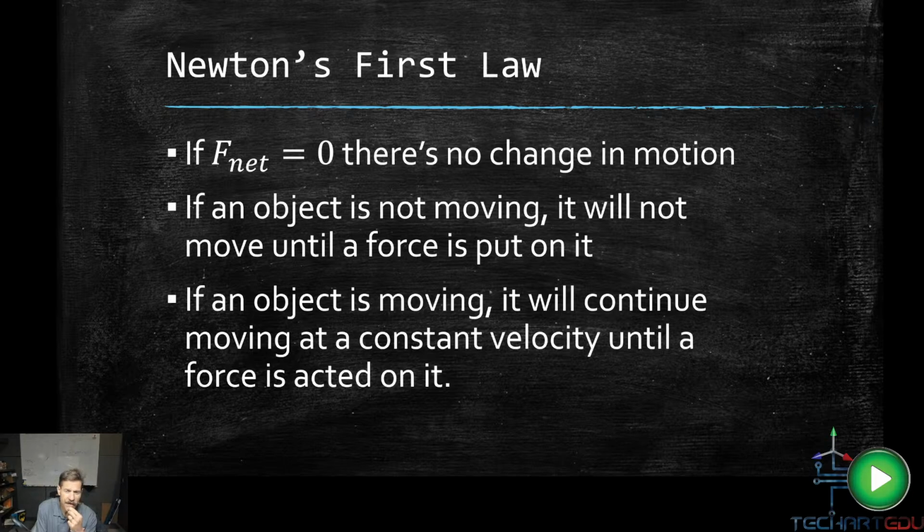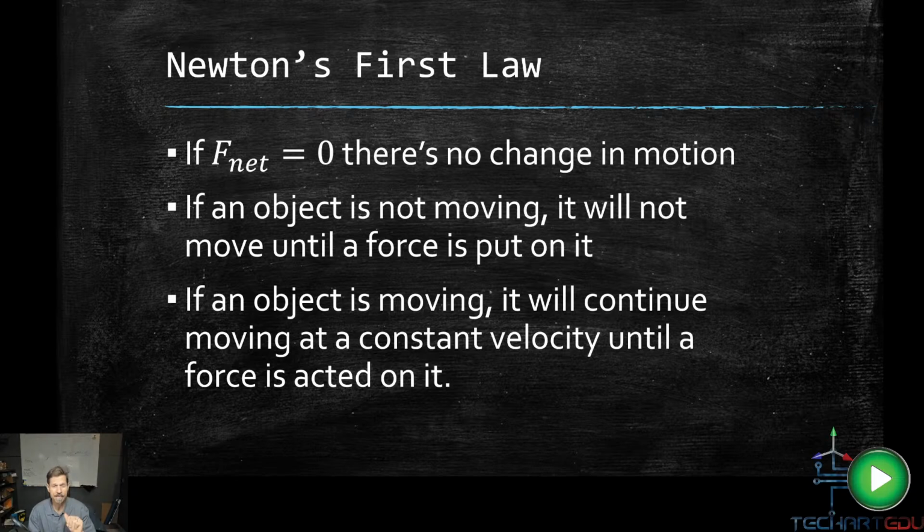Now, Newton had a first law. And the first law is ultimately that an object that's just sitting there is going to stay sitting there. And if an object is moving, then that object is going to keep moving. That is, the object is going to stay stationary, or it's going to keep moving, unless there is some kind of force put onto it.